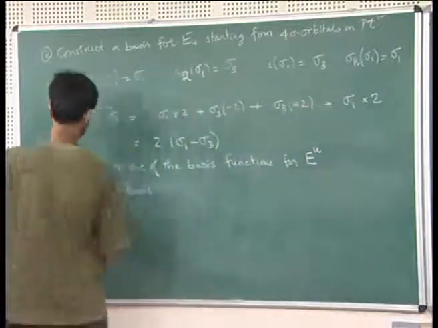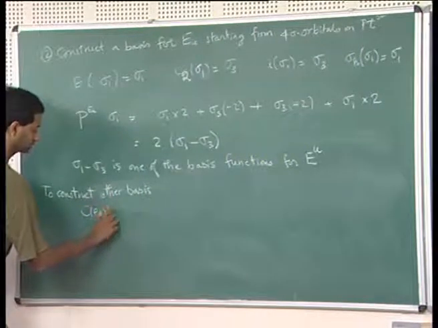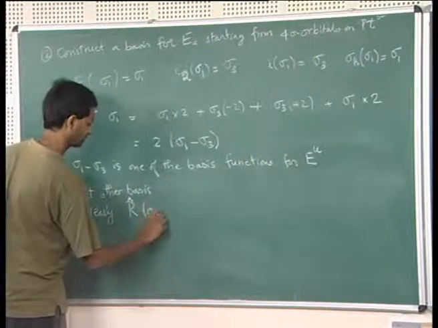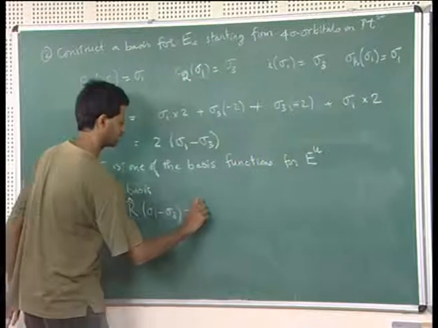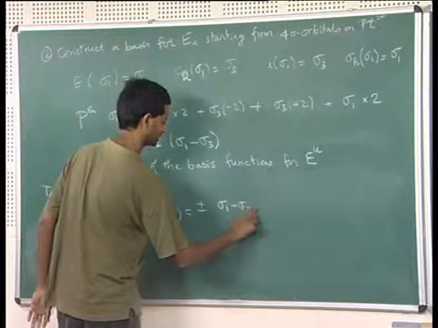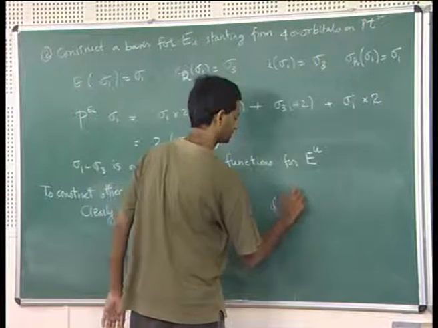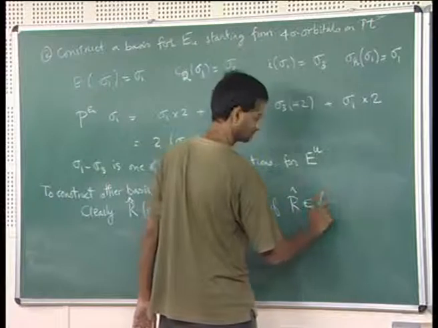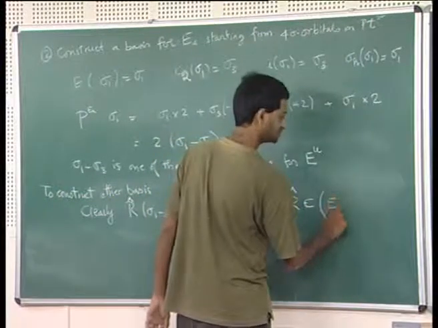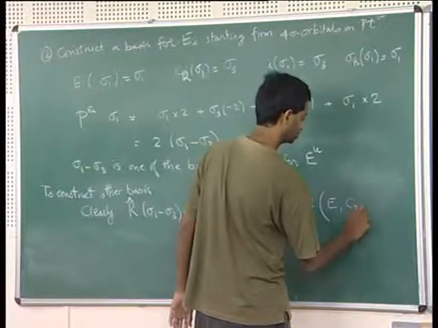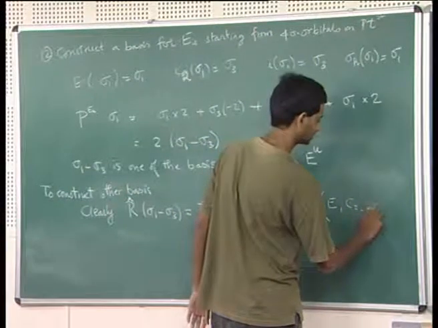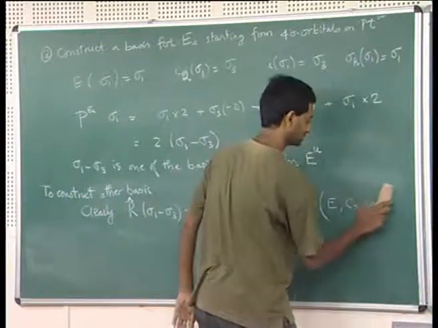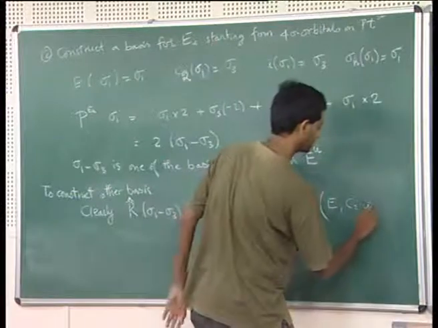So clearly R of sigma 1 minus sigma 3 equals plus or minus sigma 1 minus sigma 3 if R is contained in E, C2, I, sigma h.